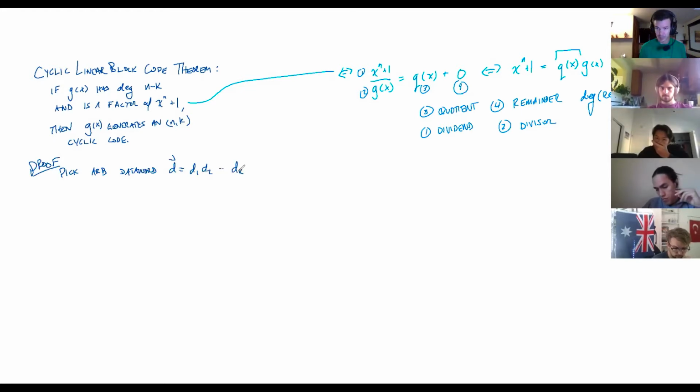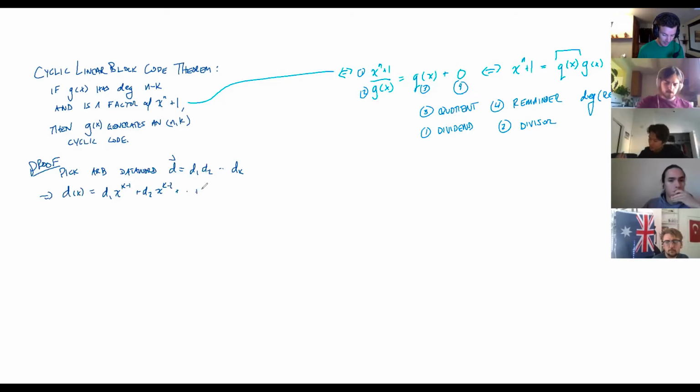So it's an element of the k space. And that means that this data word can be represented as a polynomial: D sub 1 times x to the k minus 1, D sub 2 times x to the k minus 2, and on down the line until we get D sub k times x to the 0.